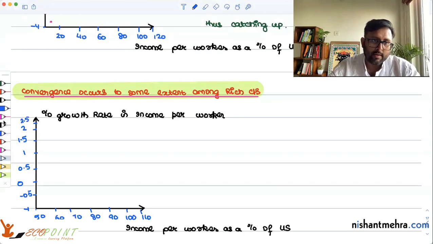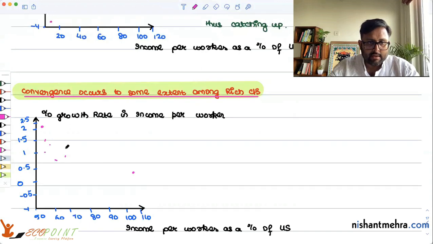So you have this. So among the rich countries whose income is less, you find some countries, yes, they have the high growth rates among the rich countries. Among the rich countries whose income is more, you find that yes, they have the low growth rates.